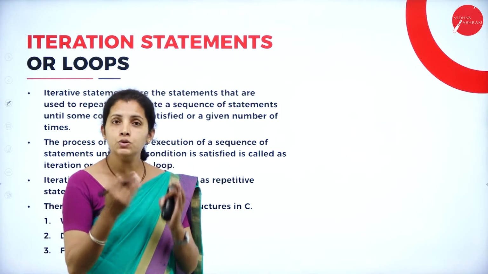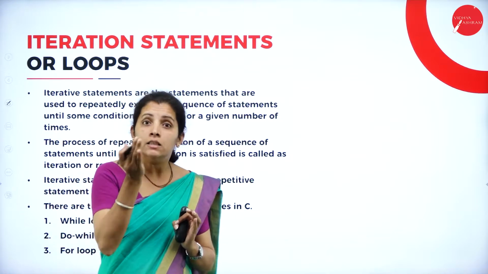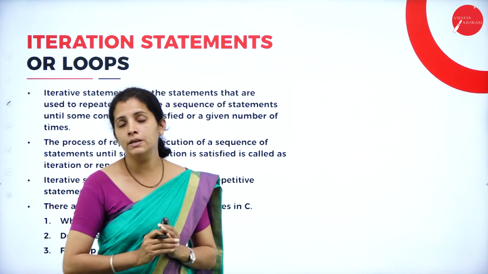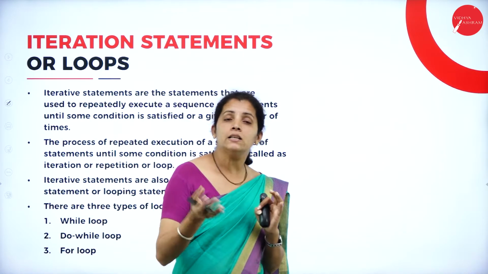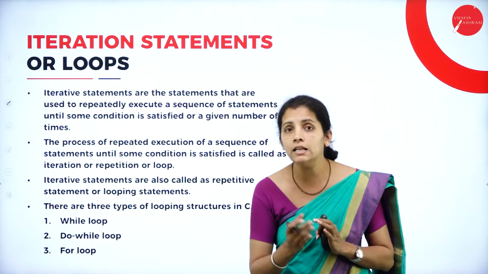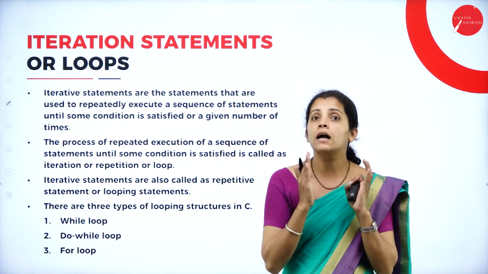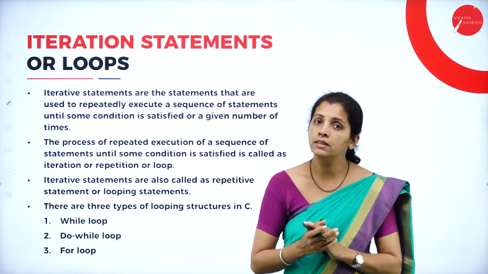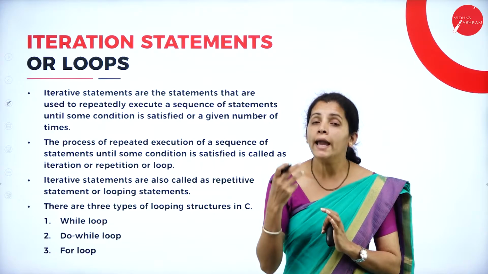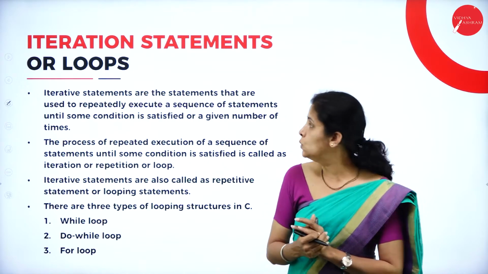So what is the use of a looping construct? It is going to repeat the execution. That means it is going to repeat the same set of statements again and again until the given condition is true. Once the condition fails, it exits or comes out from the loop.